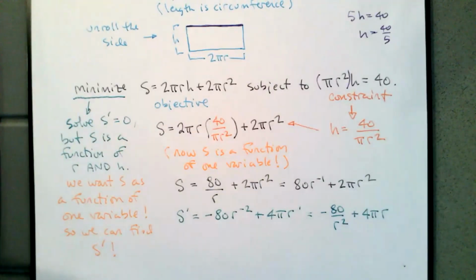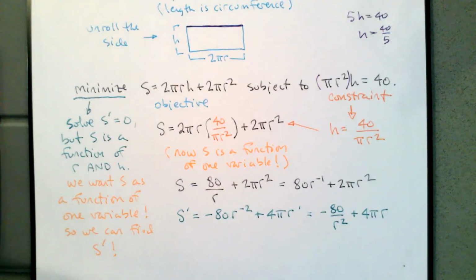Professor Leach, could I stop you for one moment, please? You mentioned S is a function of r and h. So this is the volume equation? No, that's the surface area. S is the surface area. So every time we see S, it represents a function of r and h.